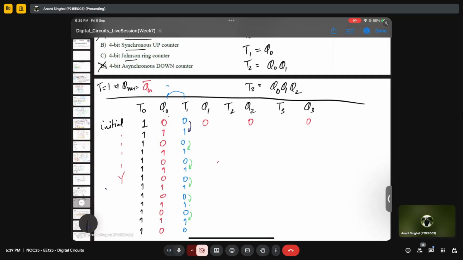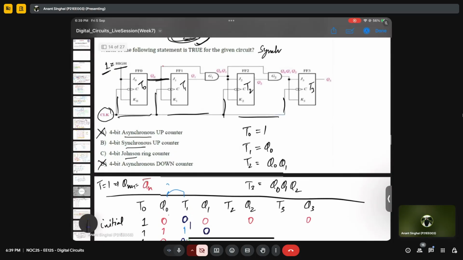Okay, so the T1 is 1. Oh, okay. So this is the initial clock cycle. We cannot consider this. So let's say we'll start from here. So since this is 0, what is the output?